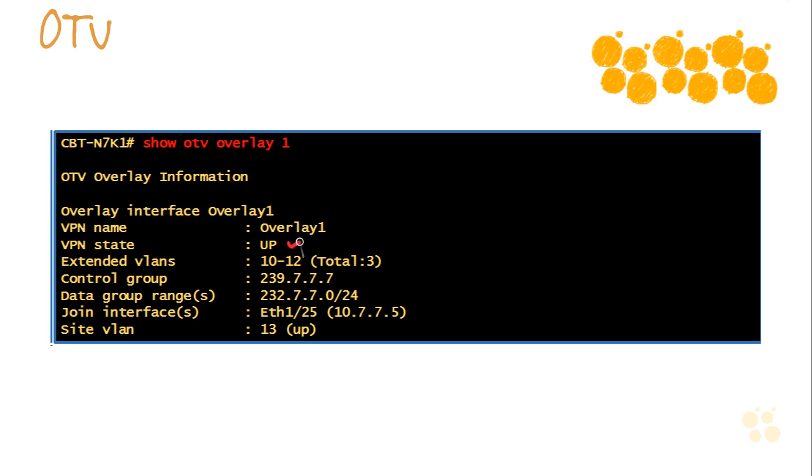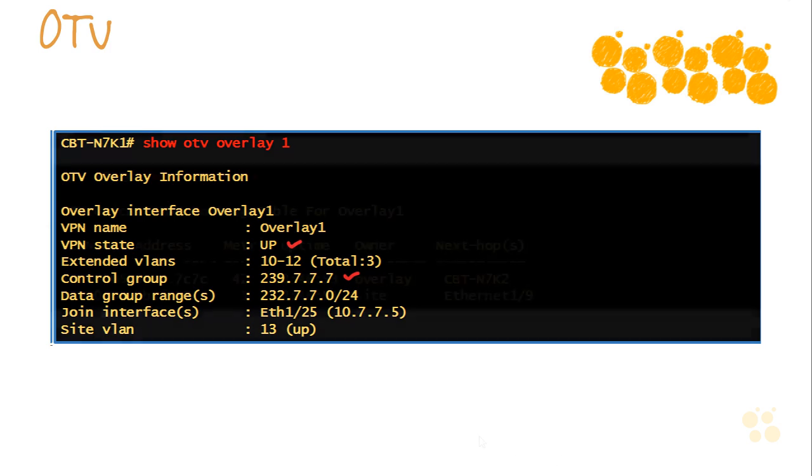The VPN state as well as the particular control group that we are utilizing. So we want to see a VPN state of up, and we want to ensure that the particular control group matches exactly what we would expect to see for our multicast control group.